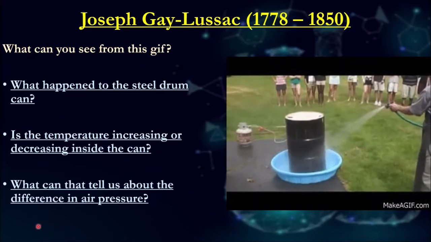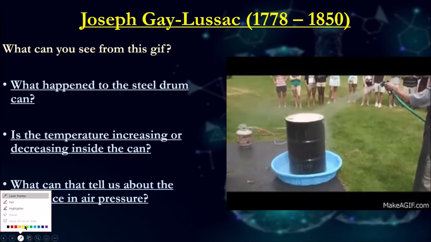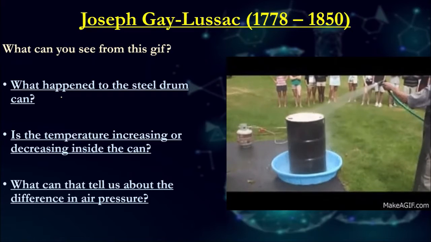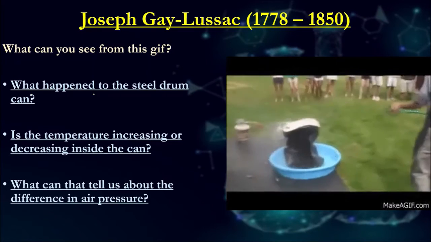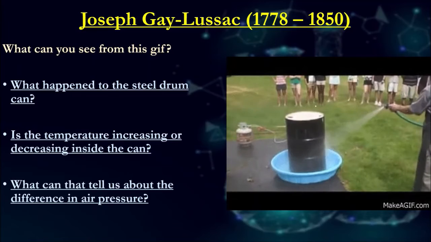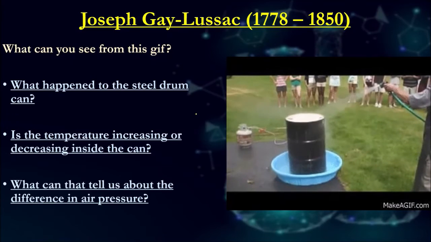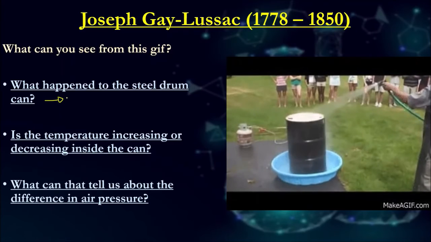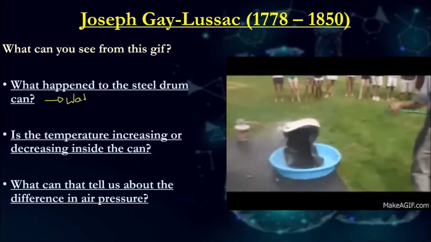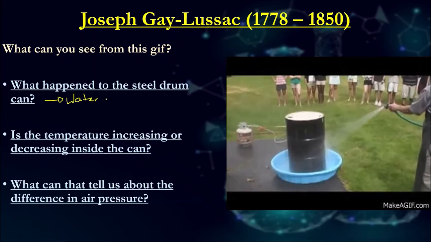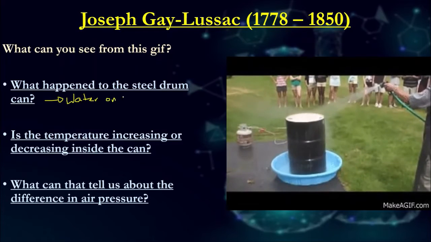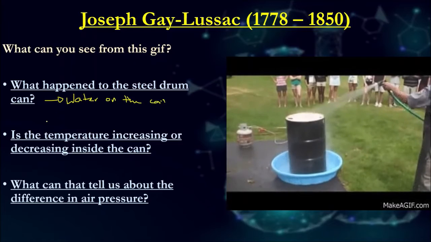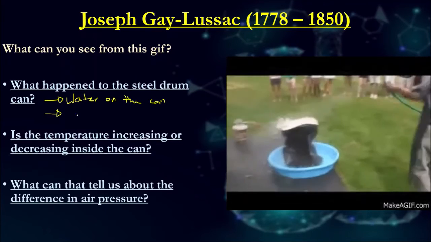If you look at our steel drum here, this just gives you a nice little introduction to Gay-Lussac's law. Let's look at this. What happened to our steel drum can in this animation? Well, firstly we have the water hose spraying water on the can, and then we can see that the can ends up falling in on itself.